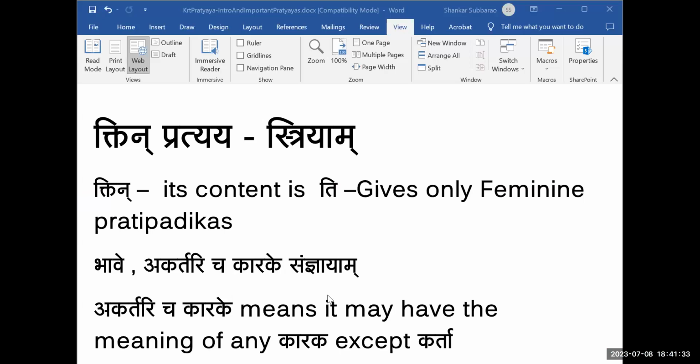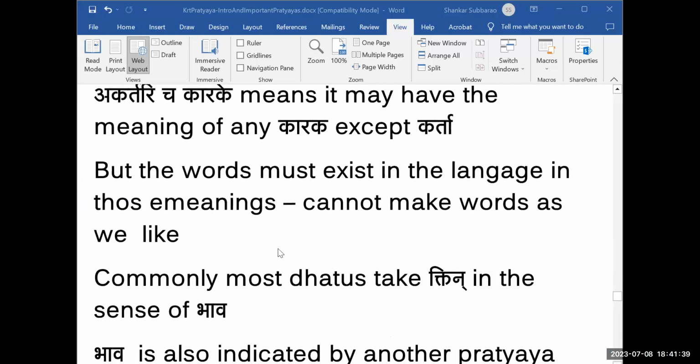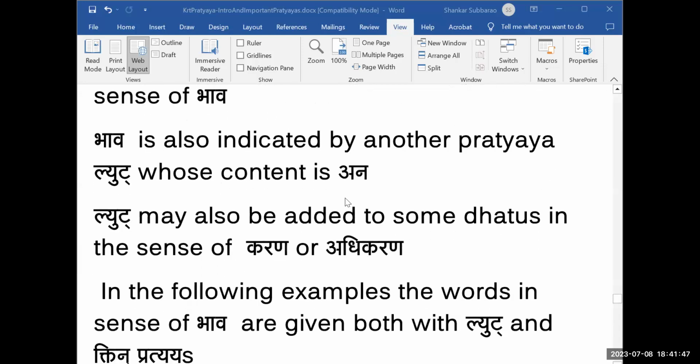All right. So I just mentioned what I told you. Akartari cha karake means it may have the meaning of any karaka except karta, but the words must exist in the language. Commonly used dhatus take tin in the sense of bhava. Now, bhava is also indicated by another pratyaya called lyut, whose content is ana.